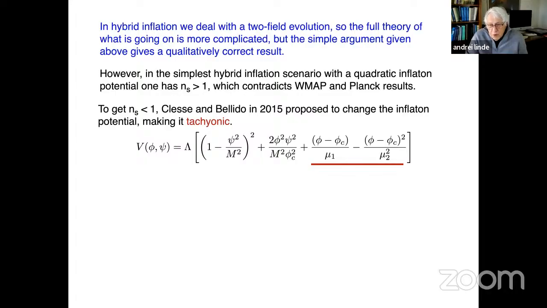And what is important is that the quadratic term was taken with a negative sign. Why did they need to take it with a negative sign? Exactly because of this n_s. n_s is approximately equal to 1 plus some coefficient, and this coefficient is positive for normal mass squared, and accordingly negative if you change the field mass and it becomes tachyonic.